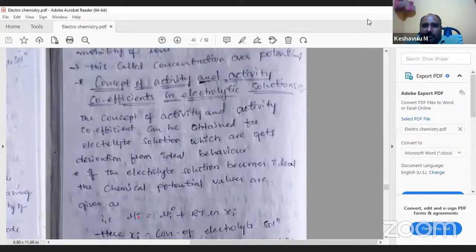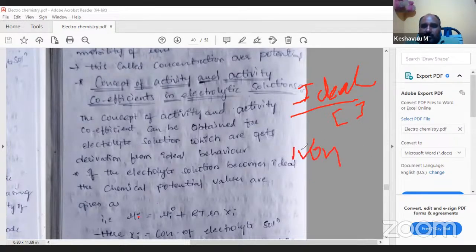Which is applicable for which solutions? If it is an ideal solution, we may express it with concentration, that is in square brackets. But for non-ideal solutions, we already discussed this concept of ideal and non-ideal solutions in thermodynamics.